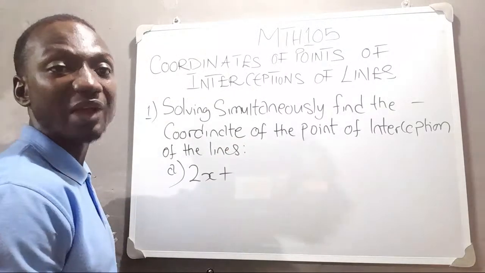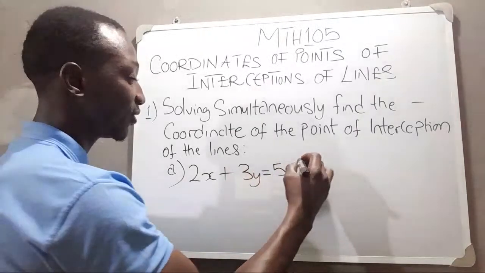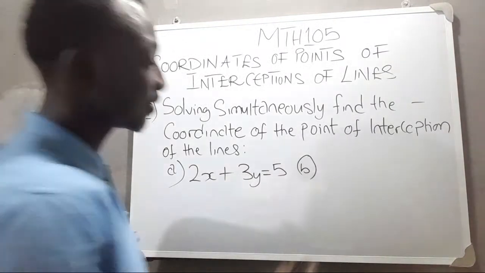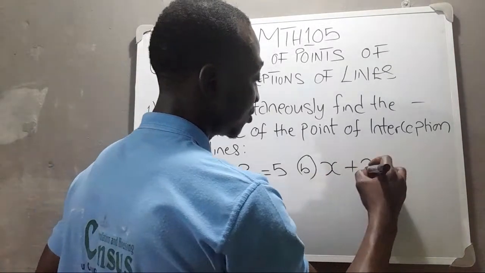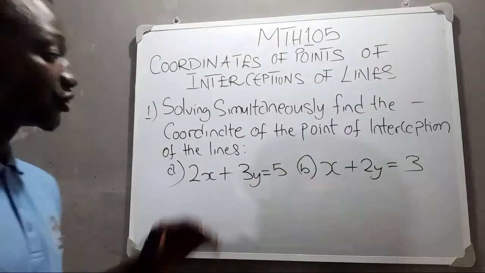We have A, 2x plus 3y equals 5, and we have B, x plus 2y equals 3. So this is what we are asked to solve simultaneously.